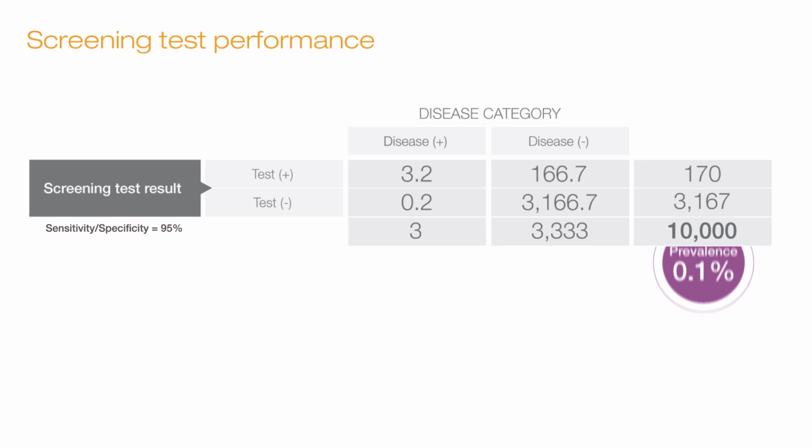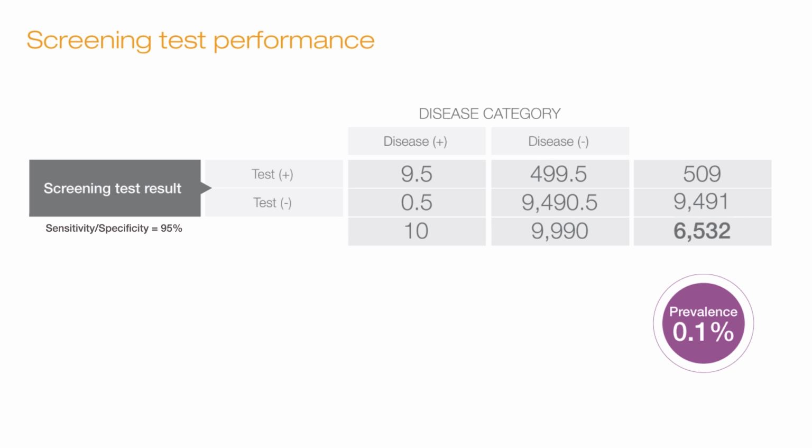If we take it even further and drop our prevalence to only 1 in 1,000 individuals, so only 10 out of our population of 10,000, our positive predictive value is now almost useless at 2%. The negative predictive value has become even more robust at greater than 99.9%, but again, clinically not a big change.